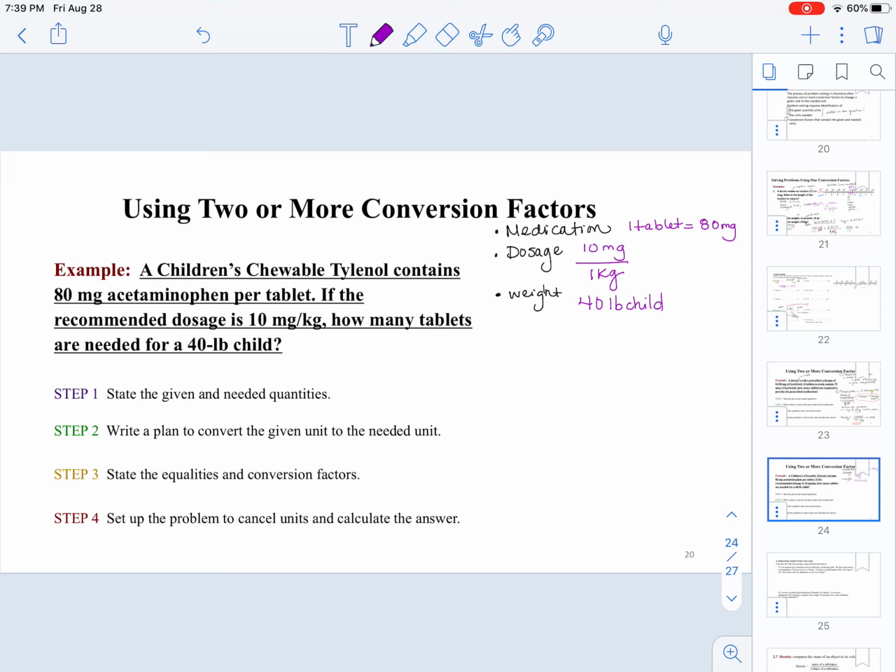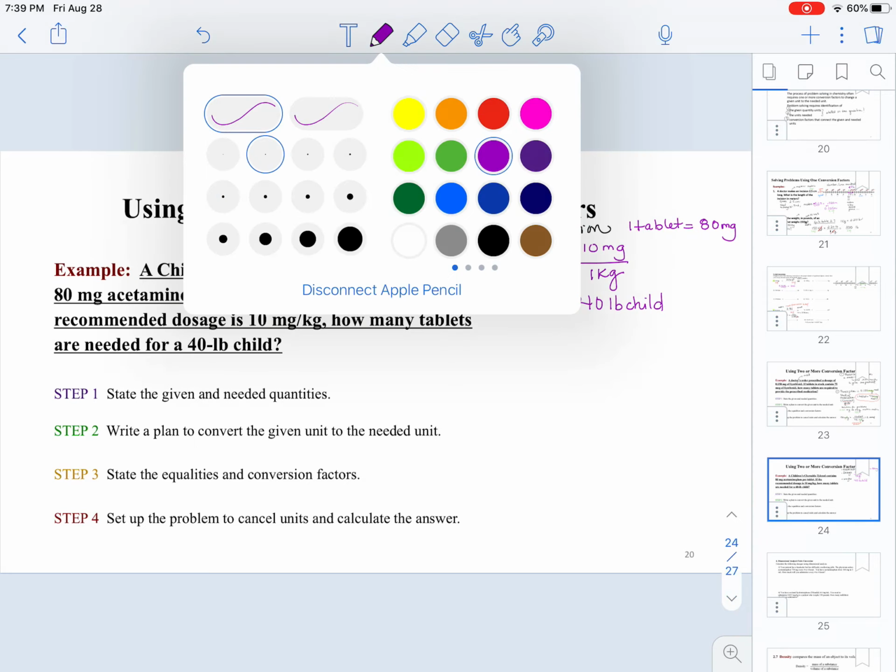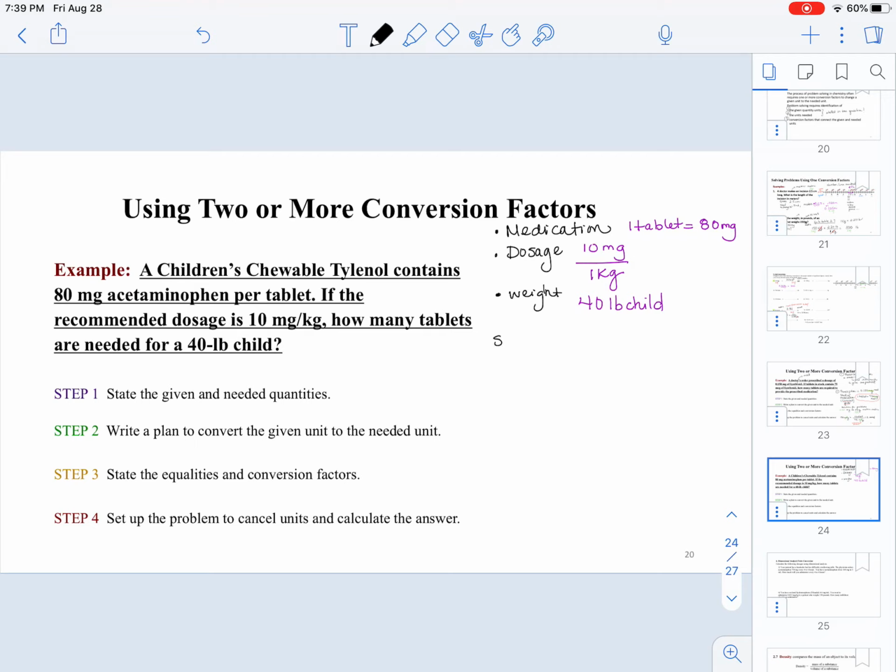In this type of clinical problem, the way that we solve it is in the following manner. First, you're going to take the weight of your patient and change it into kilograms.